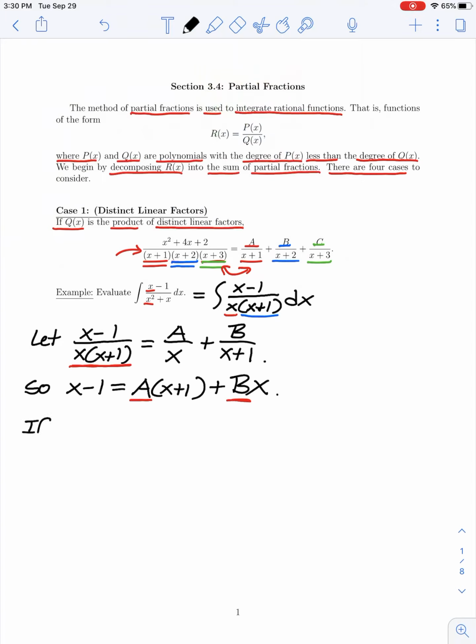So let's try taking x equal to 0. Then the equation would reduce to negative 1 is equal to 1 times a plus 0. So right away I have that a must be negative 1.